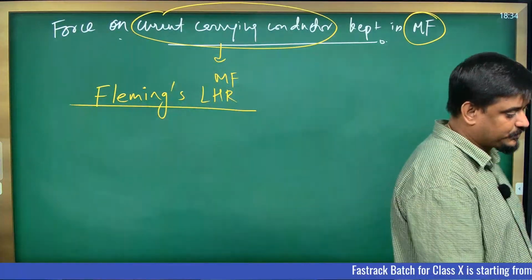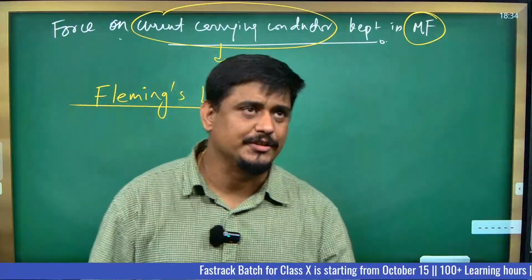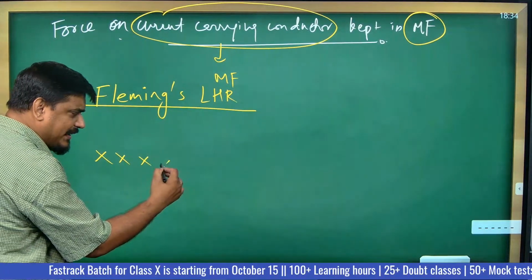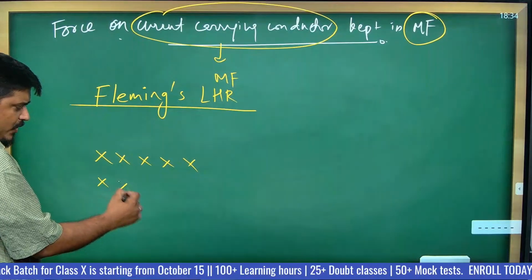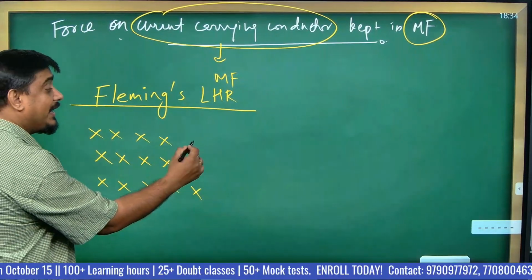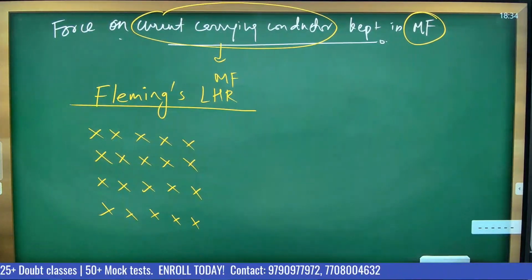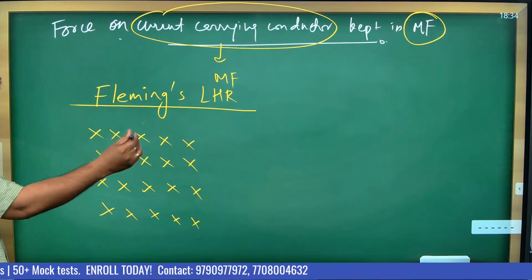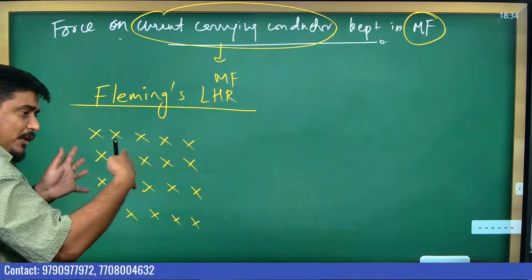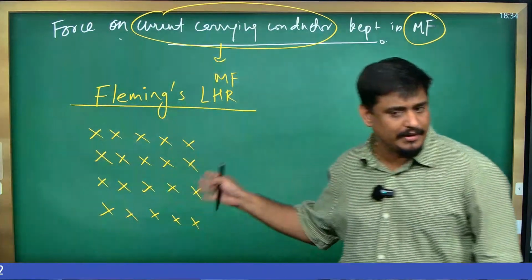Okay. Now please pay attention. Imagine you have a magnetic field. What I am drawing is a magnetic field into the plane. Meaning the magnetic field is going into the plane.